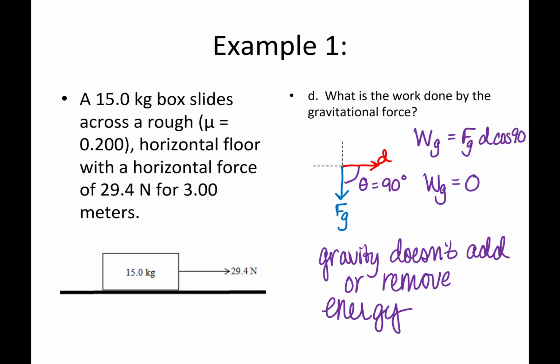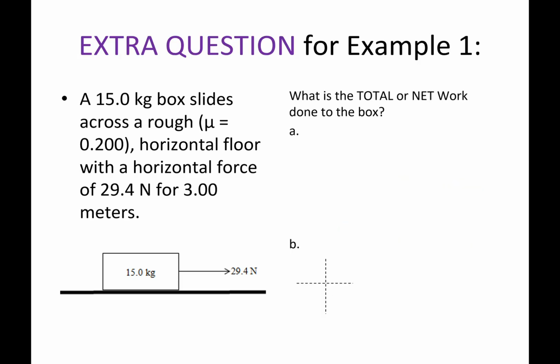Okay, so last question. What's the total or net work done to the box? I want to take you through the easy way to do this, and then we can talk about the hard way. All right, when you're talking about the total or net, it just means the sum of the works.